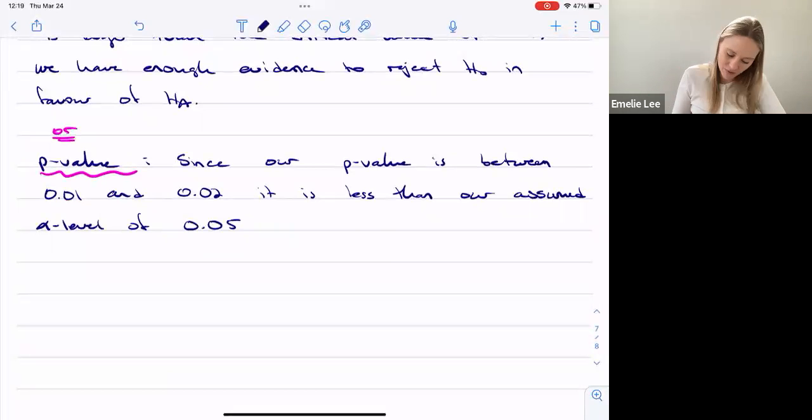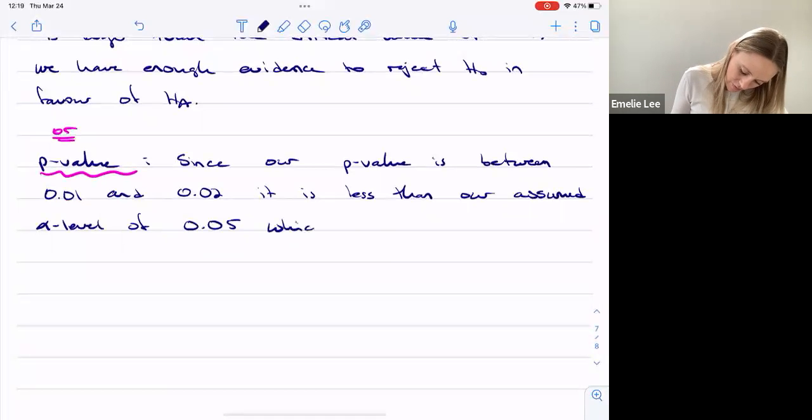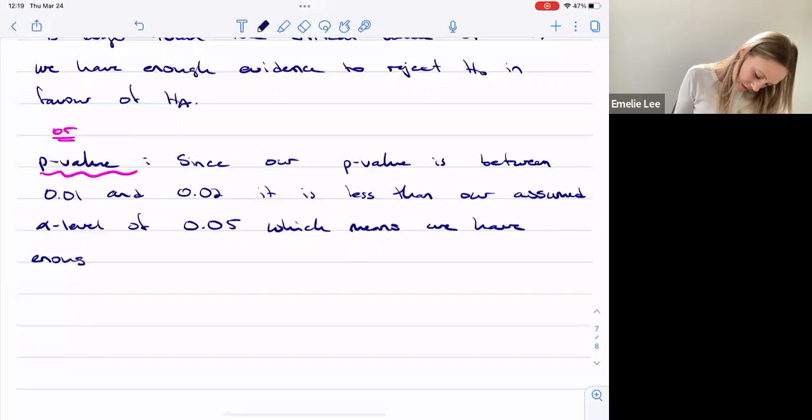So of course, that's the same conclusion, which means we have enough evidence to reject H0 in favor of HA.